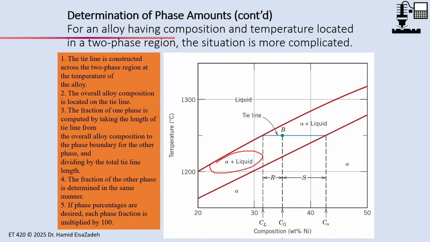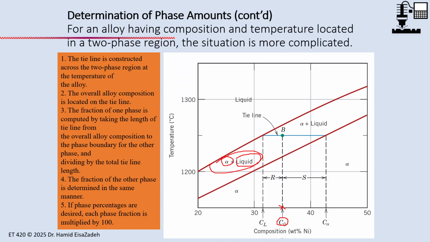And then we have liquid and alpha. So the first way is to construct a tie line. For example, in the question, the composition is given, Z is C0, right?